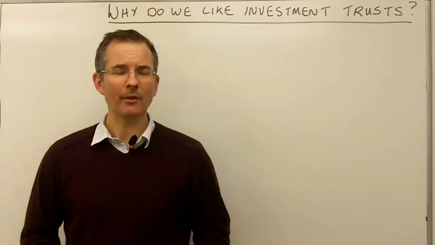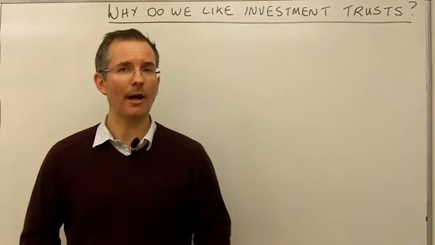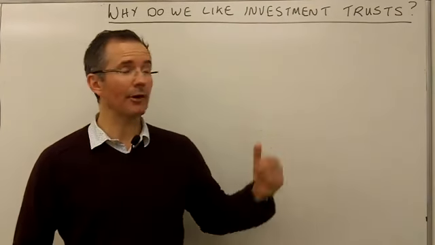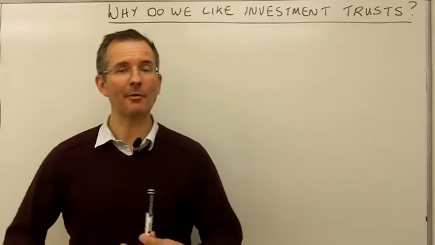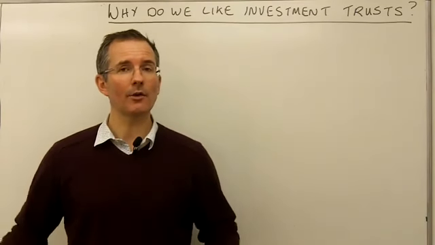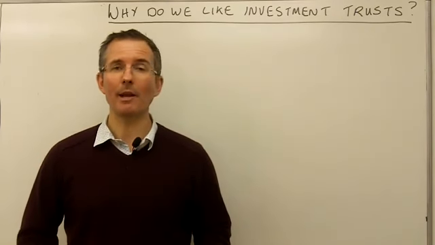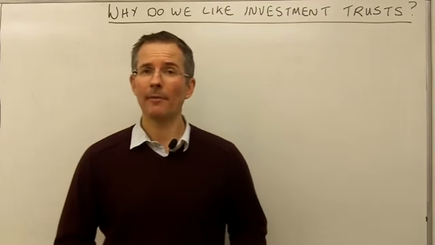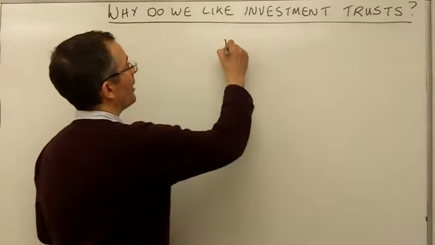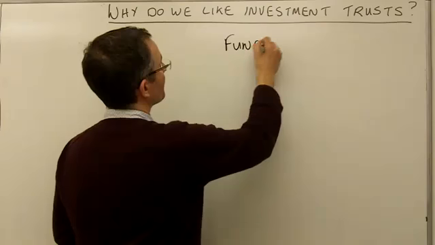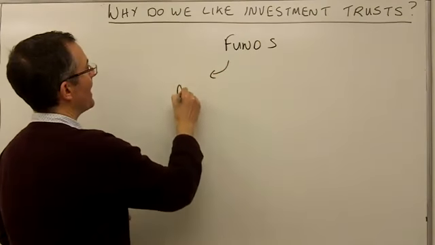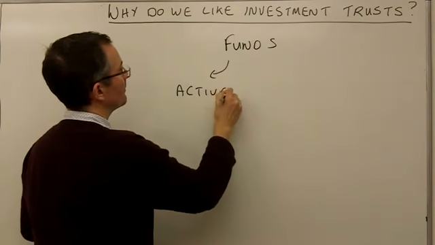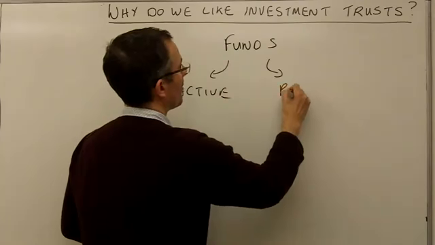The question then is, if I want to buy a fund, what do I buy? And before we kick off with investment trusts specifically, and the reasons why we tend to prefer them at MoneyWeek to the unit trusts, which are their main rivals in many ways, what types of fund are there? Well, essentially, there are two basic types. The so-called actively managed, and the ones which are passive.